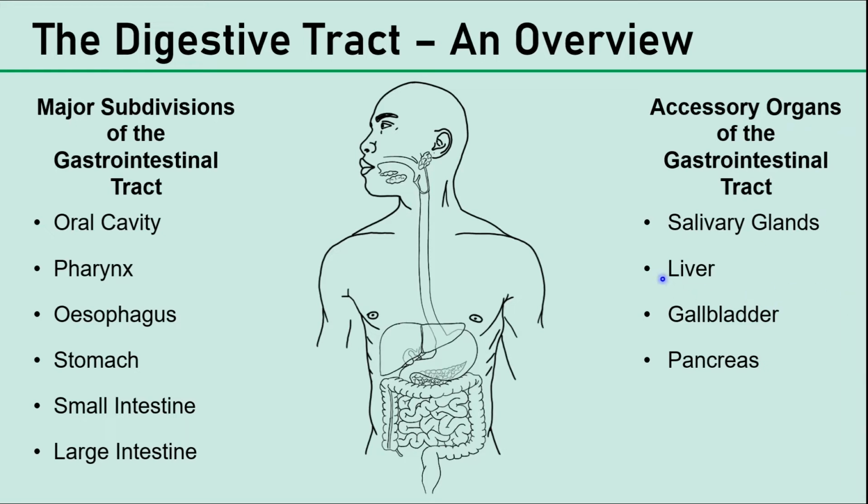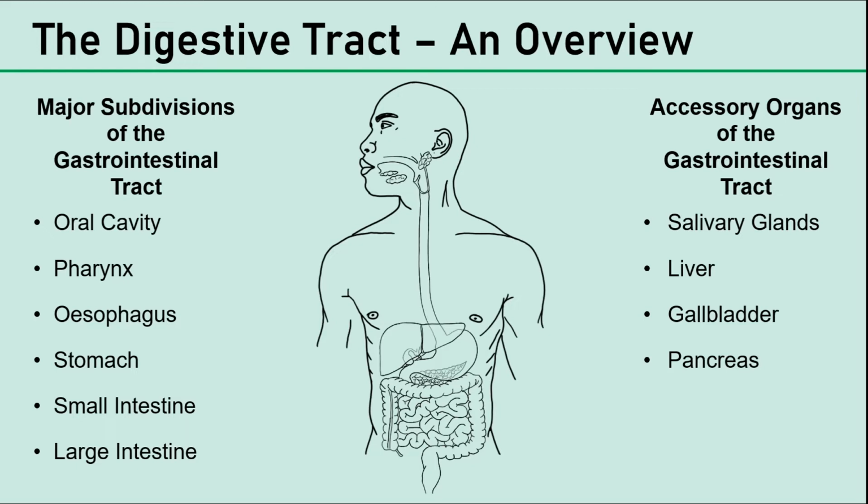We also have the liver, the gallbladder, and the pancreas. There is also another organ of the abdomen, which we won't discuss today, and that is the spleen, largely because it deals with the breakdown of red blood cells rather than being a source for digestion.